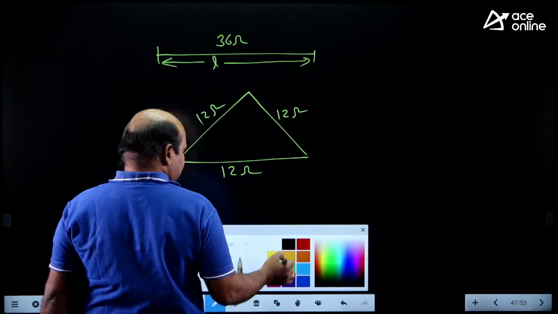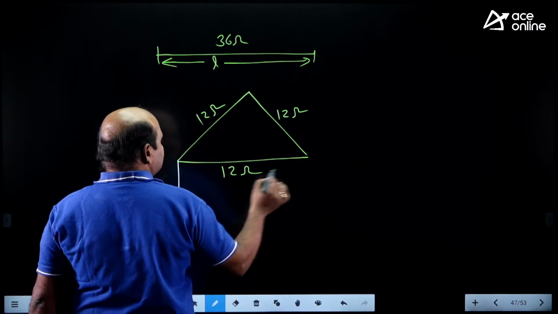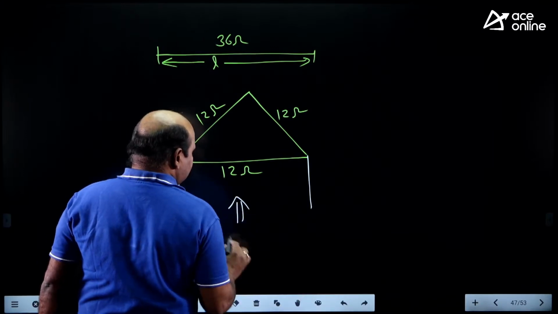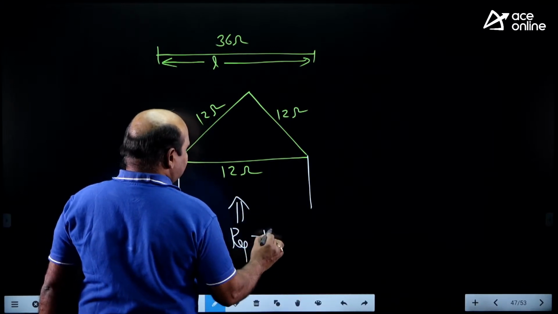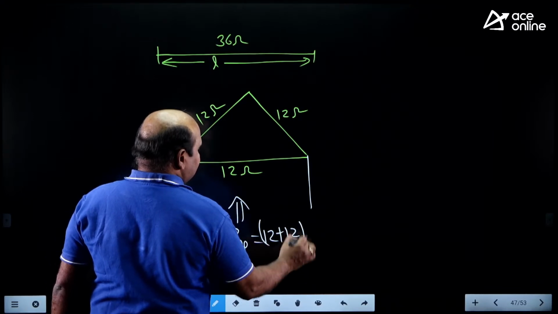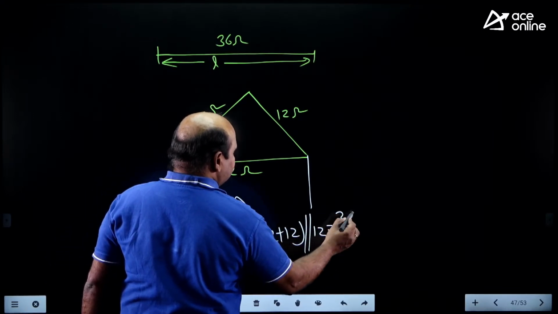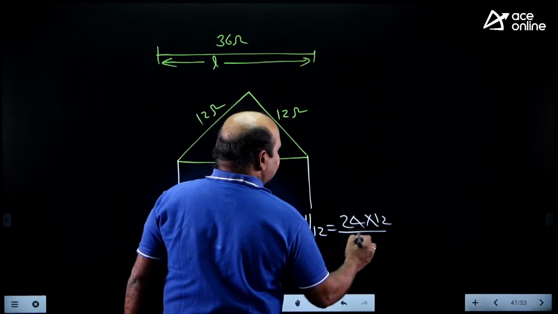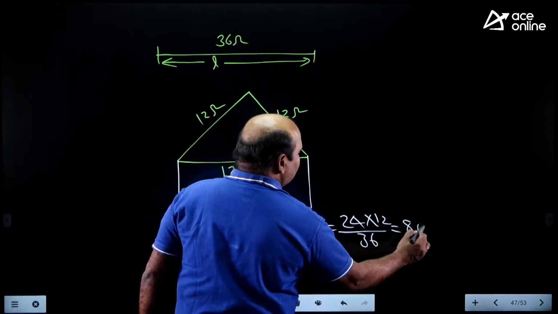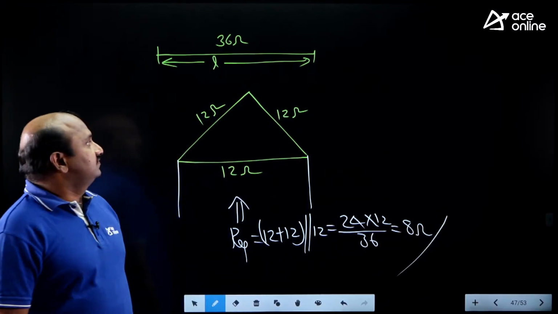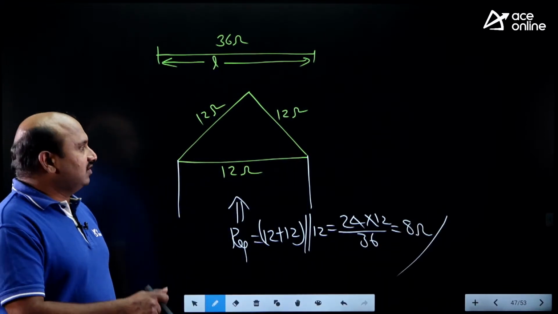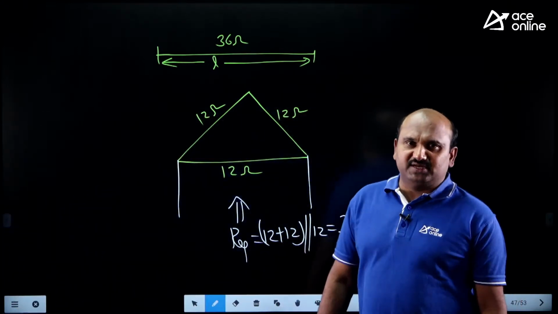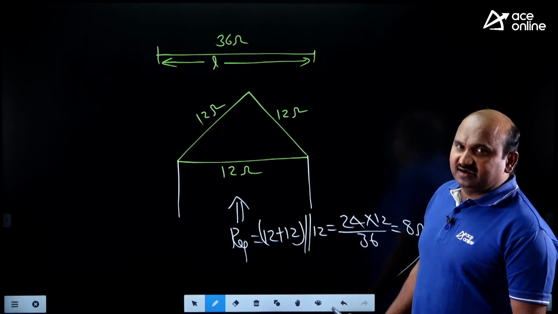Now if you take 12 ohms, looking into these 2 terminals, R equivalent is equal to 12 plus 12 parallel with 12. How much are you getting? 24 into 12 by 36, which is equal to 8 ohms. Right? This example was given in the latest ECE examination, TSPSC.